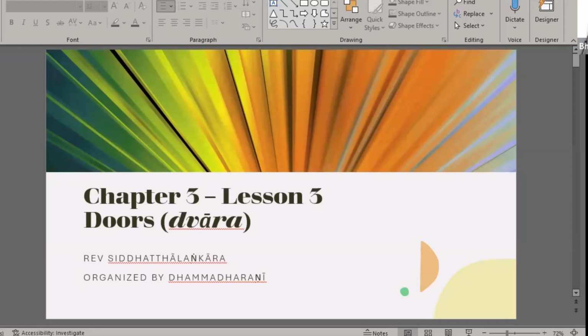After the next lesson, we can finish chapter 3. Then we will make a review again for chapter 3. I think this is enough for today's lesson. Today we have discussed doors: what the doors are, what the cittas arising in doors are. Then we classified these doors and cittas with regard to one door, five door, six doors, and door-free.